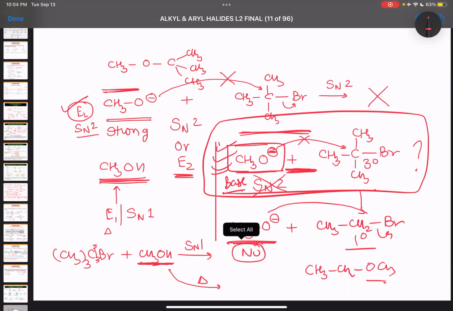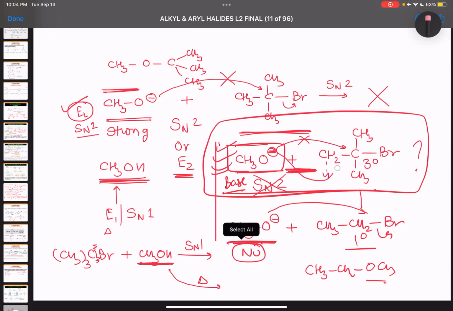So what will it do? E2, sir. It can't go and access the carbon atom. So where will it attack? Yes, it will go and attack the H plus. Is it clear? Yes, sir.